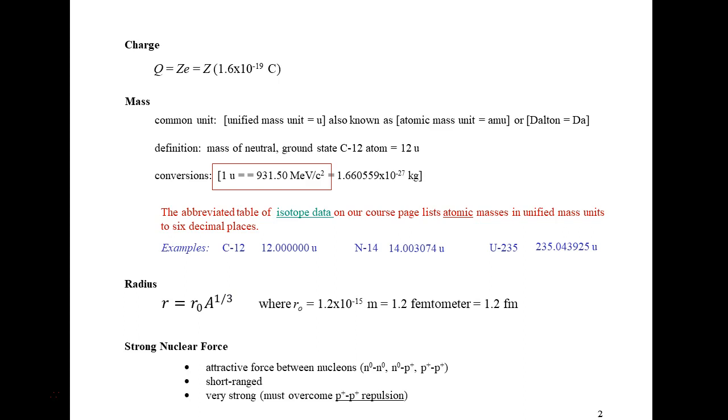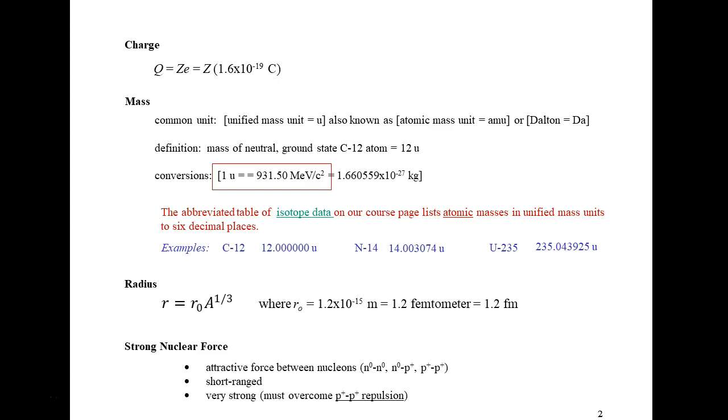The strong nuclear force. You should know that what holds the nucleus together is one of the 4 fundamental forces in our model of nature. It's called the strong nuclear force, to be contrasted to the weak nuclear force that we'll talk about later when we talk about radiation. The strong nuclear force has some very distinct characteristics.